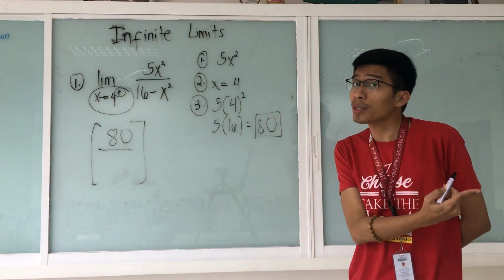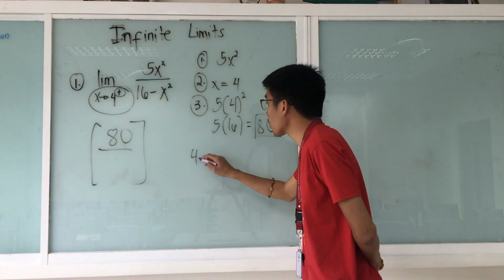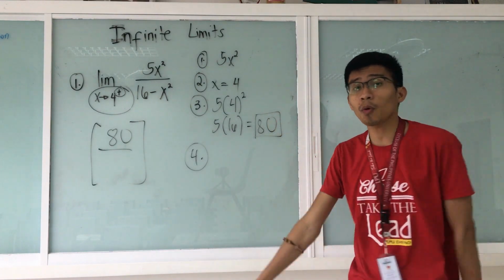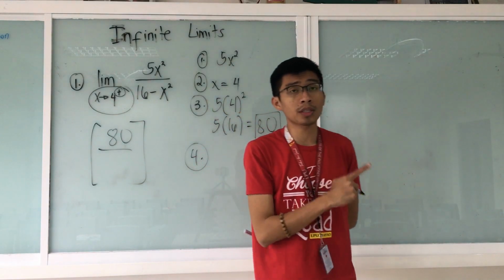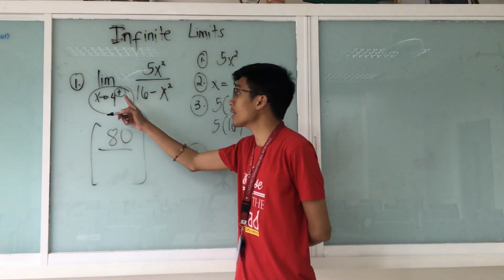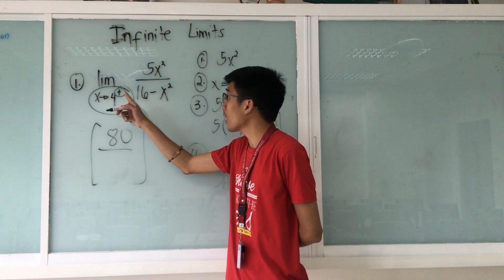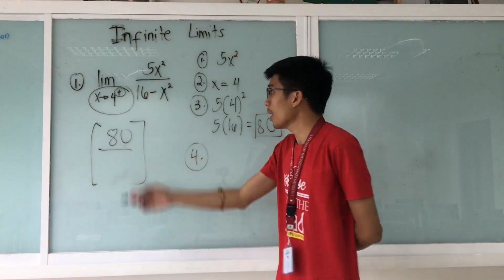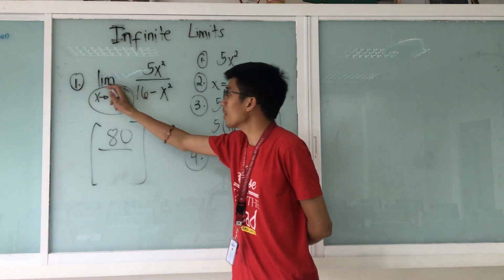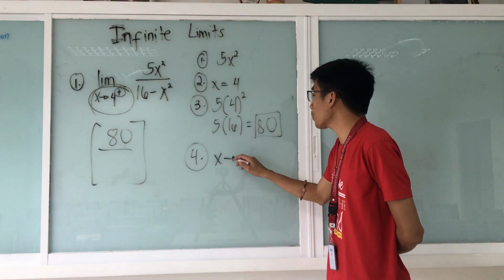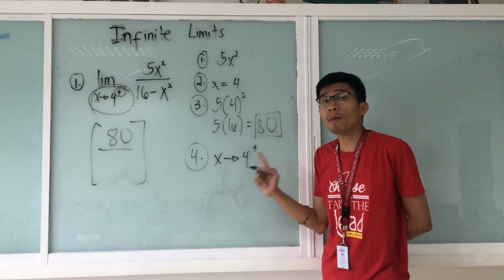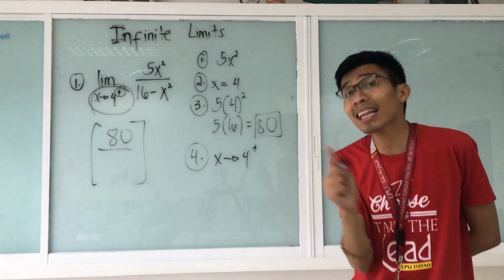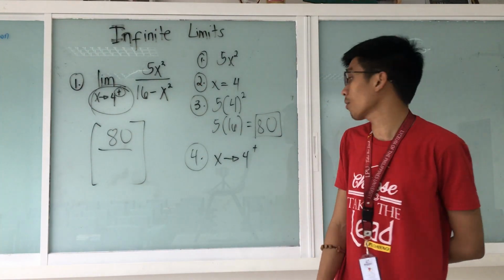After getting your first 3 steps, you proceed to step number 4. What is step number 4? You go back to where your x approaches to, and this time you have to consider the sign at the top of the number. As you can observe, my x approaches 4 positive, and that positive sign indicates that it goes to the right of positive 4.